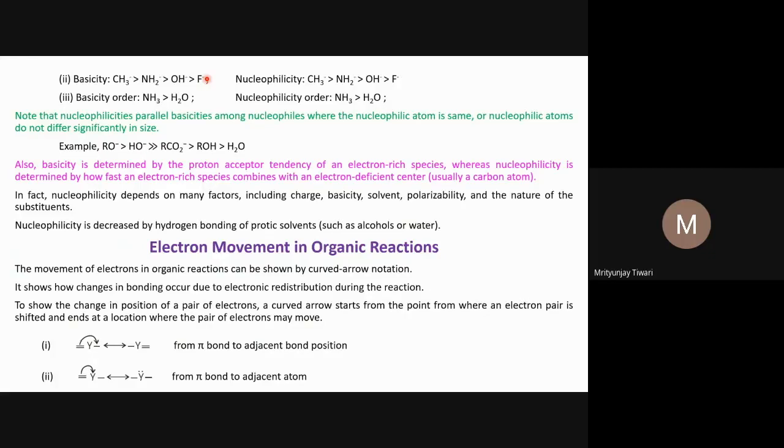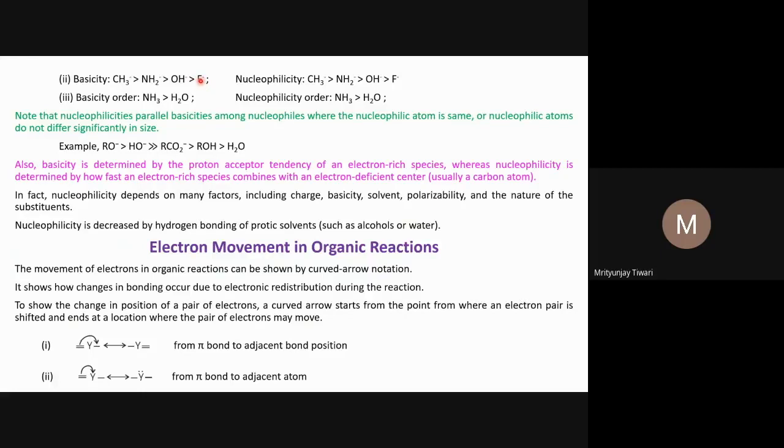Another way to understand which one is the strongest base among these is to understand the polar nature of the bond. HF is most polar because of the highest difference in electronegativity between hydrogen and fluorine.